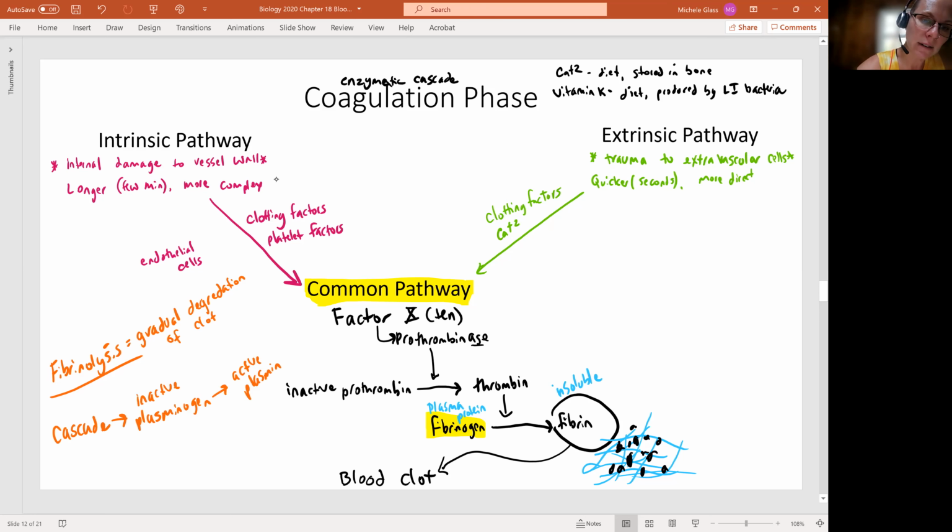And it's this active plasmin that's going to actually then dissolve that blood clot. Okay. So remember, with like any kind of mechanism in the body, we have to take care of the emergency type of thing, but then we also need to return to homeostasis.